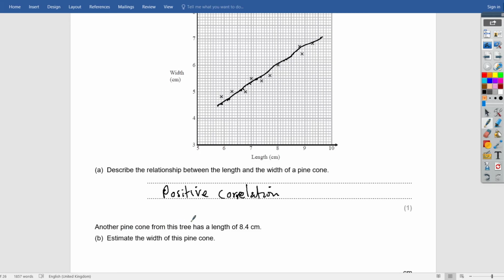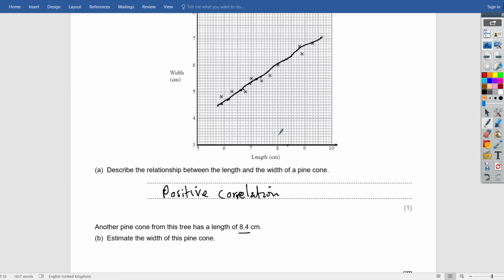Another pine cone from the tree has a length of 8.4 centimeters. Estimate the width. So the length is 8.4. There's 8.5, 8.4 here. We've got a straight line here for the line of best fit.